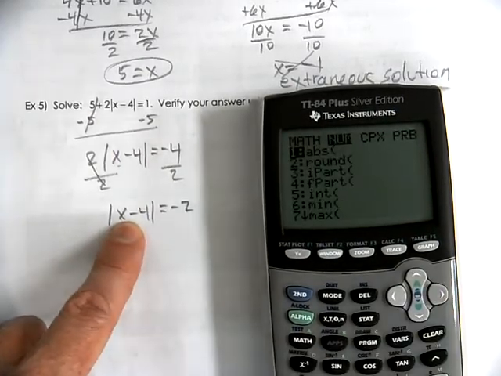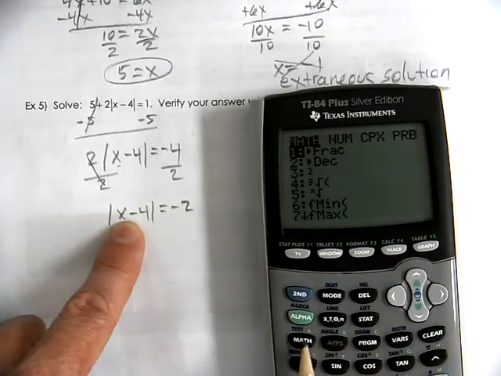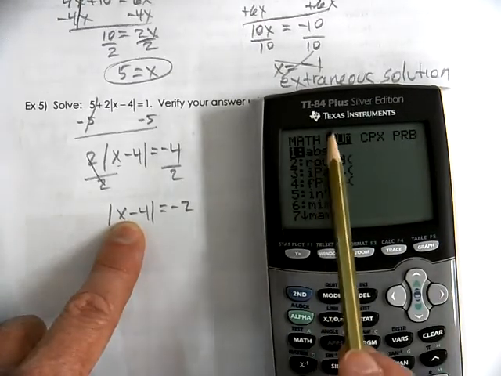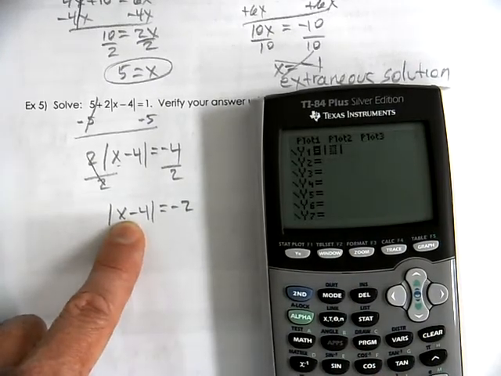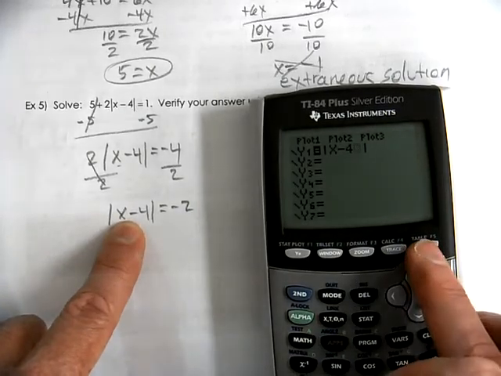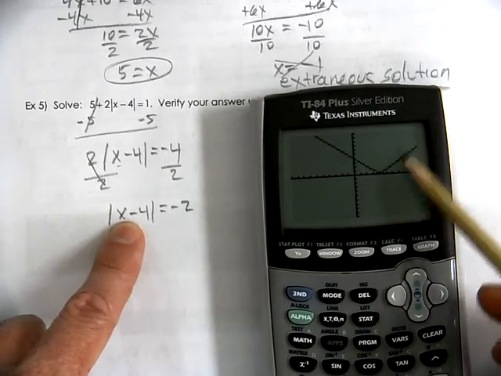Absolute value is over at number. First I hit the math key, then I slid over to number, so I use my arrow. I go to number, so that's where the absolute value is at, and hit enter. And that is x minus 4. If I want to graph that, I just hit graph, and you're going to see the V shape.